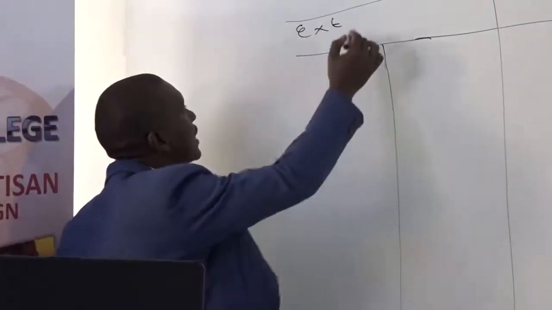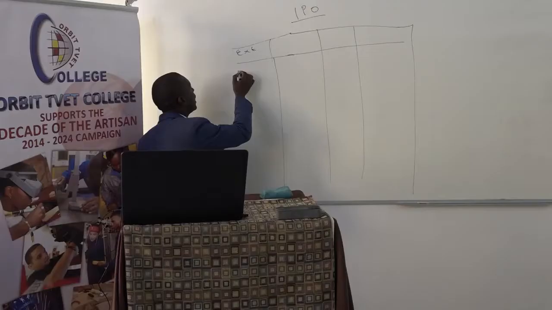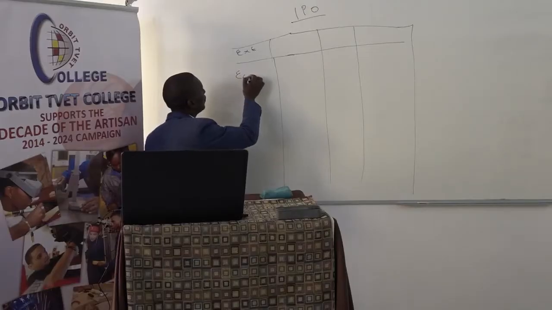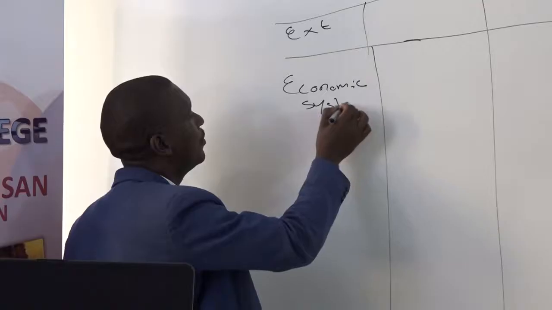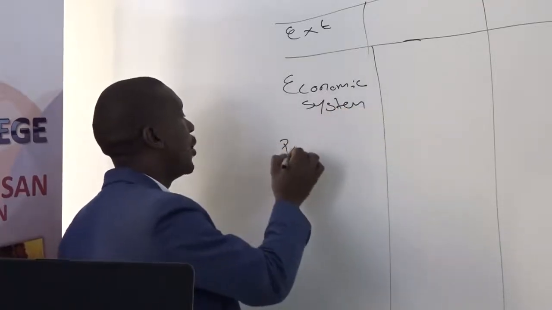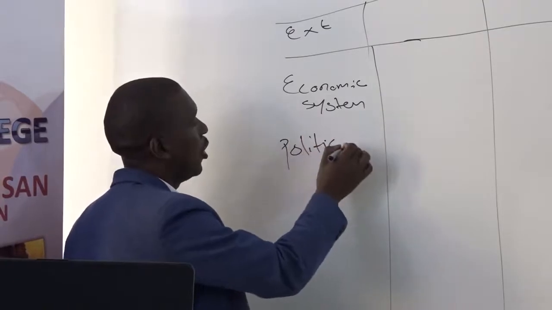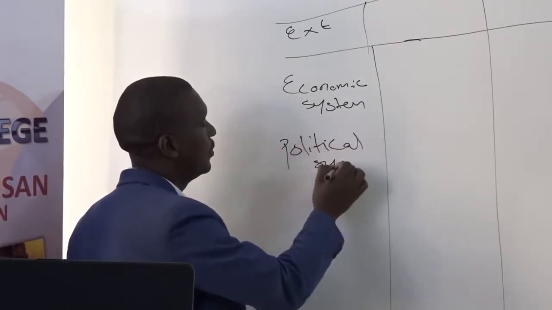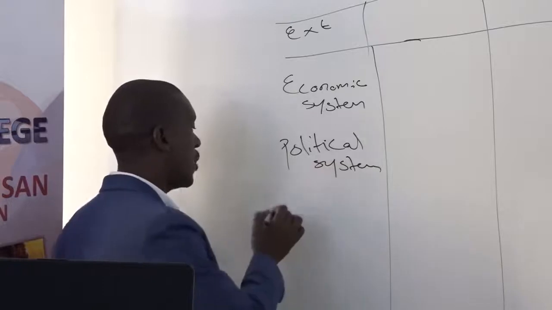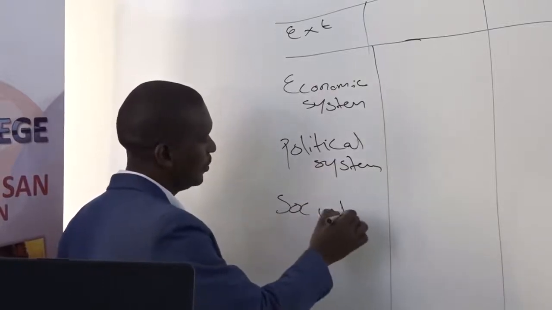Under the external environment, we have the economy, known as the economic system. We have politics, or the political system. We've got our social system.